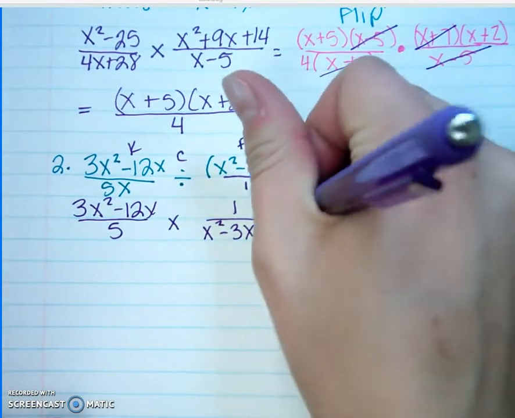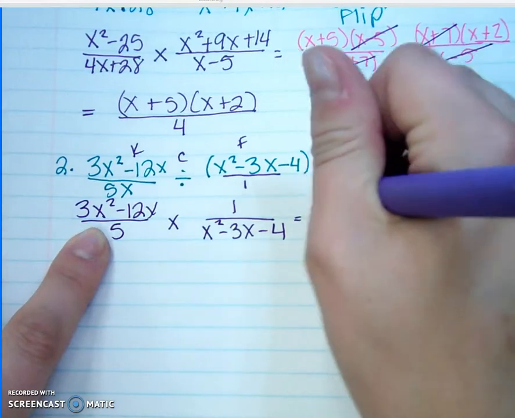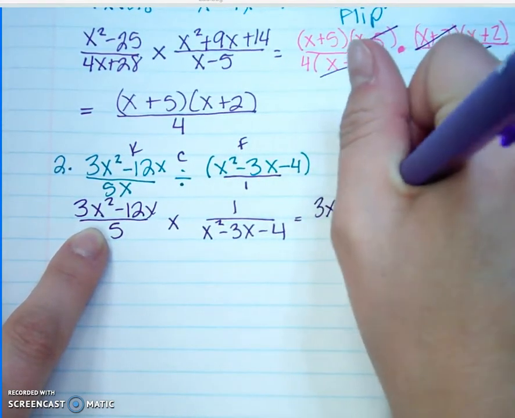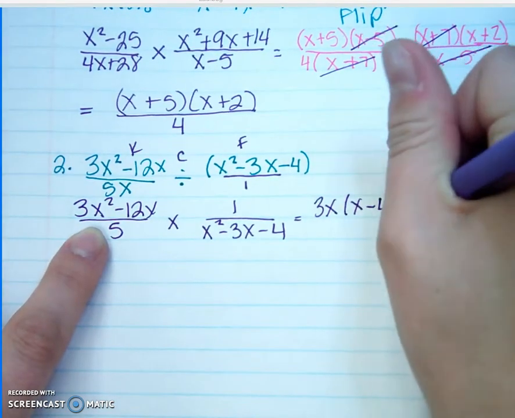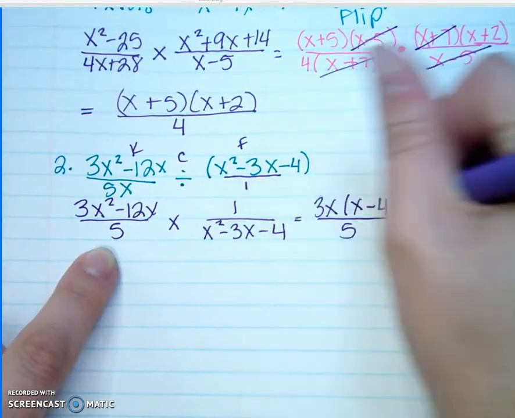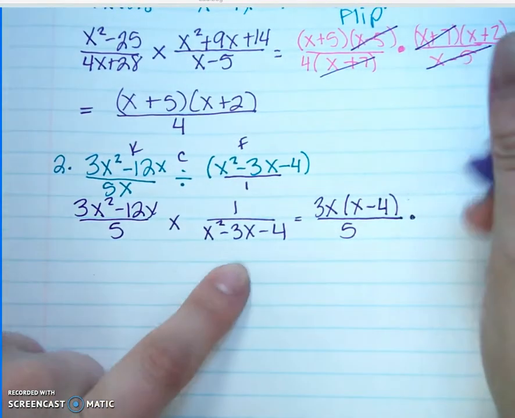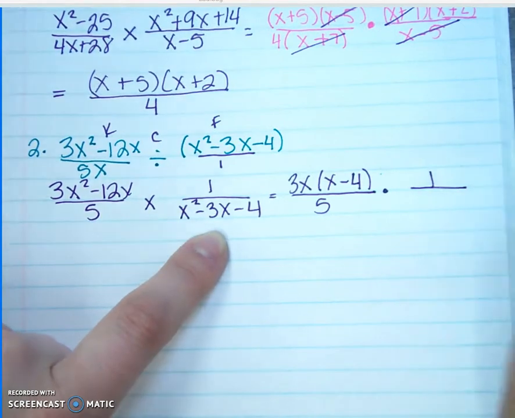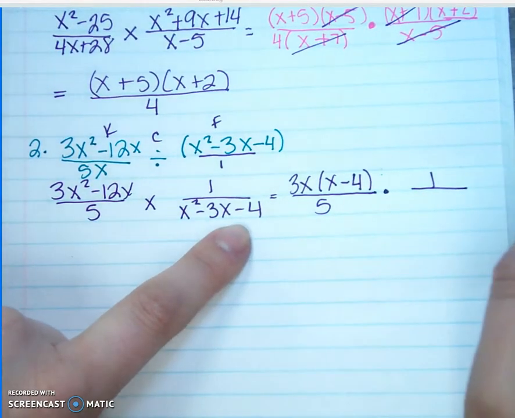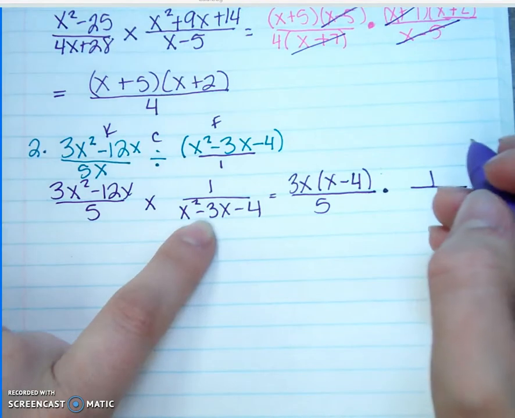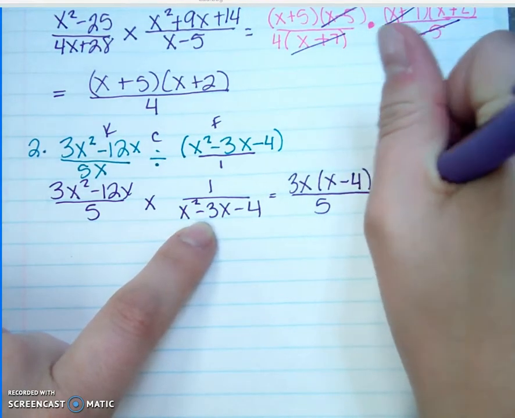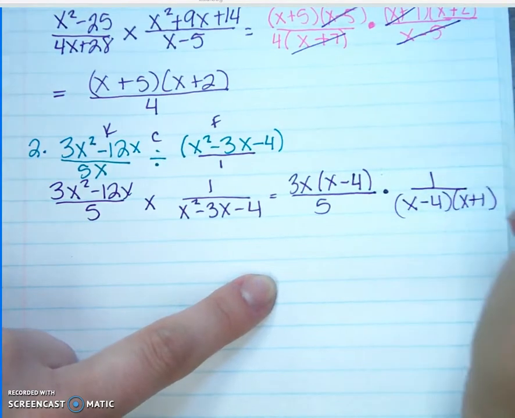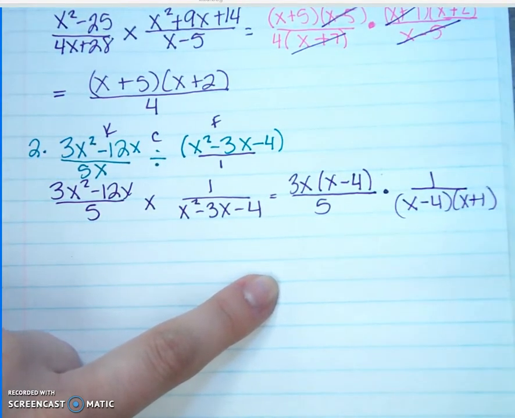Factor out what you can. I can pull a 3x out of this, and I'm left with x minus 4. And on the bottom, I can't touch that 5, being multiplied by, can't do anything with that 1. And factor the bottom. It's got to multiply to negative 4, add to negative 3: x minus 4, x plus 1. And then cancel out what you can.